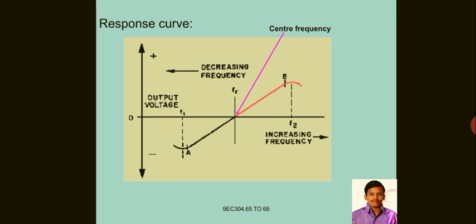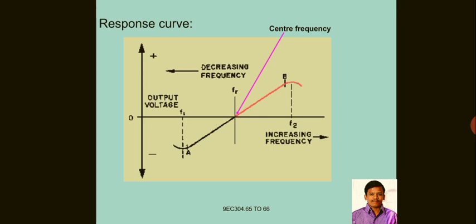If you draw the curve response of the Foster-Seeley discriminator from what we described, at the center frequency, which is marked FR, the net output will be 0. After that, whenever the input frequency increases, since the VA value will be more, we get a positive voltage, so it increases towards the positive side, marked in red.